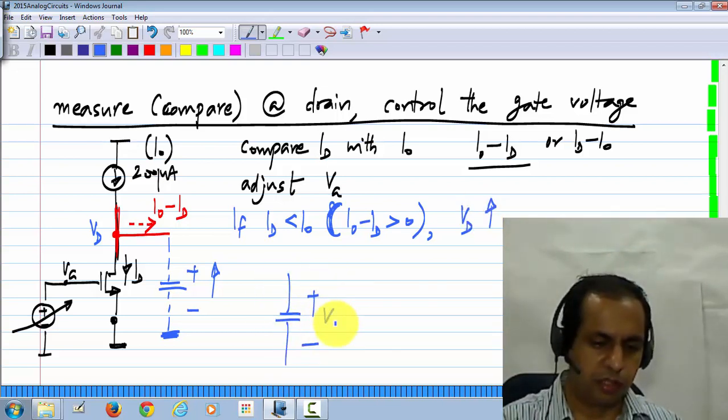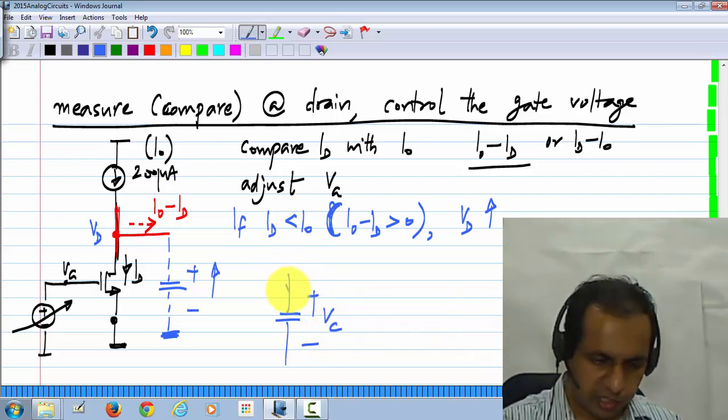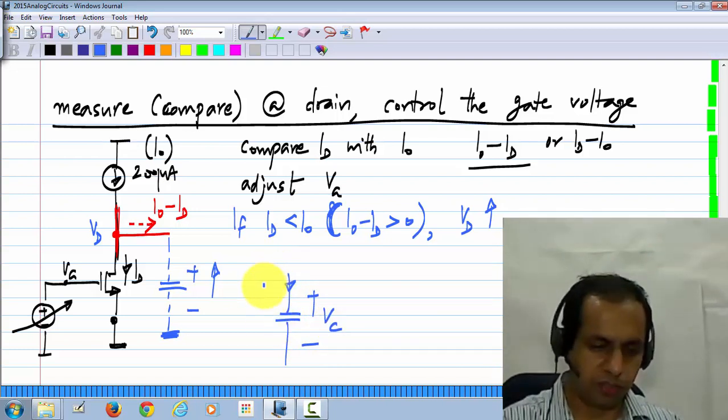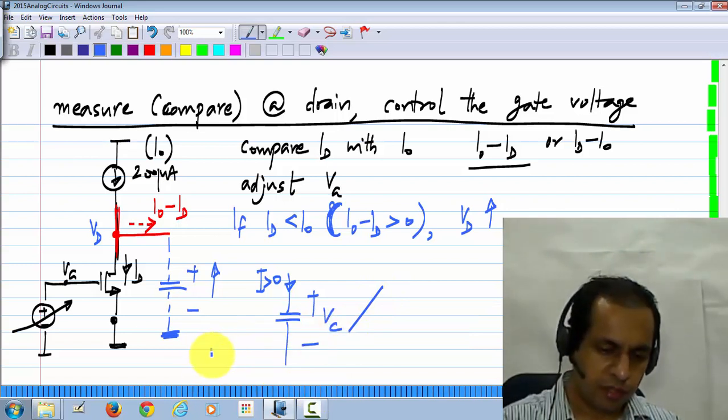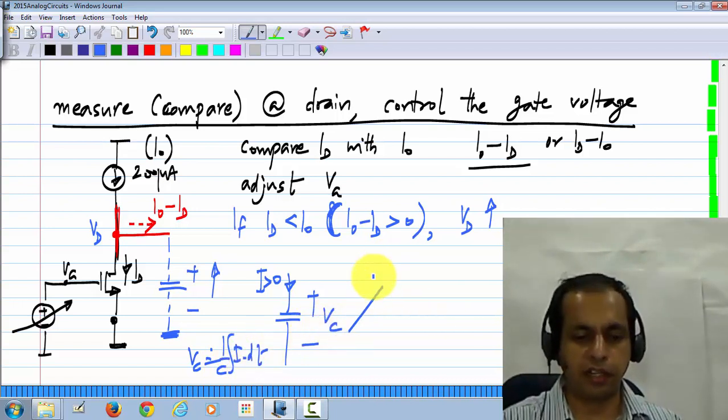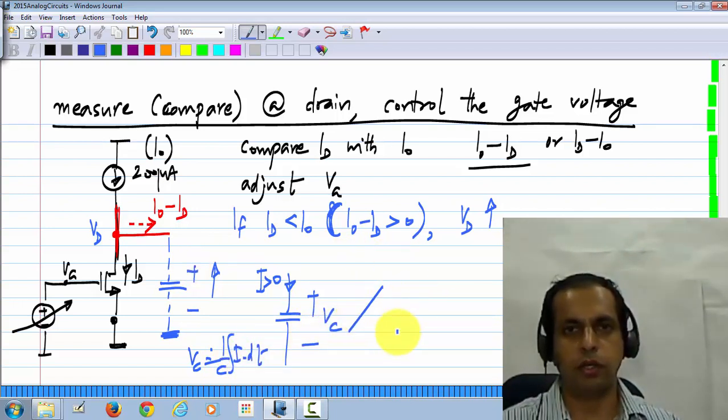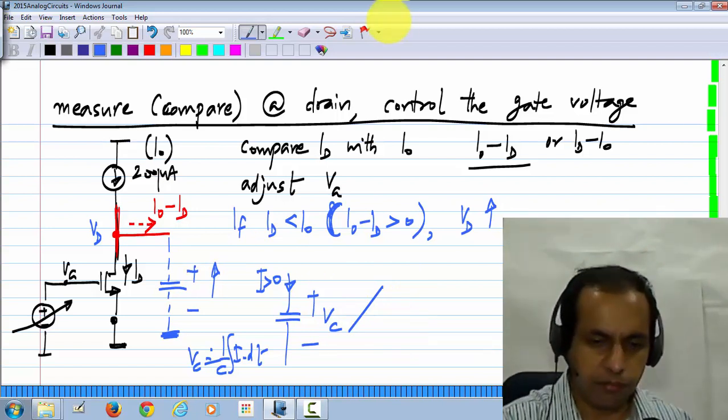If you are measuring the voltage of the capacitor like this, and if you pump a positive current in that direction, this VC will go on increasing. That's because VC is 1 over C integral I dt. We don't have to worry about exactly the shape of the current or the voltage. All we need to know is that if the current is positive, the voltage will go on increasing.